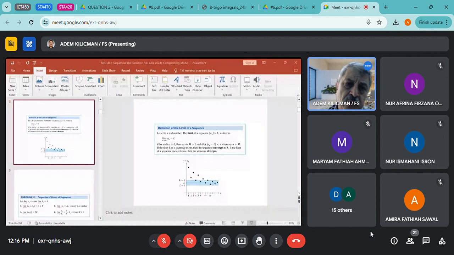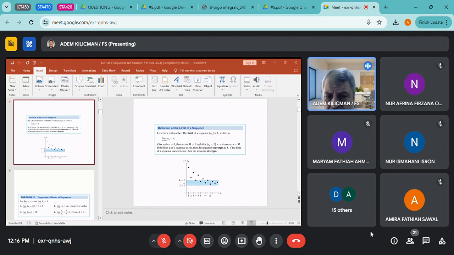This is basically the convergence concept among sequences. So therefore, after this observation, we will say the limit of the sequence is 1. Or you can write the limit of n over n plus 1 is 1.